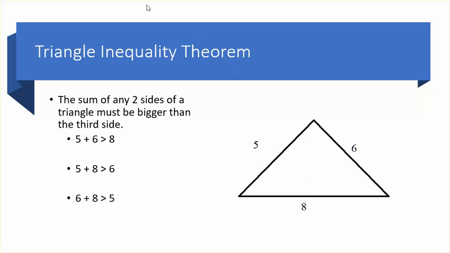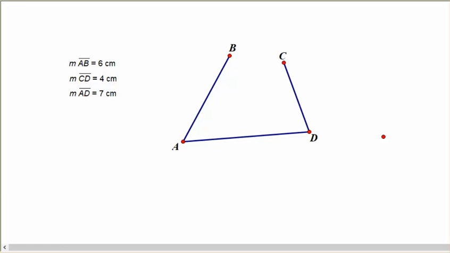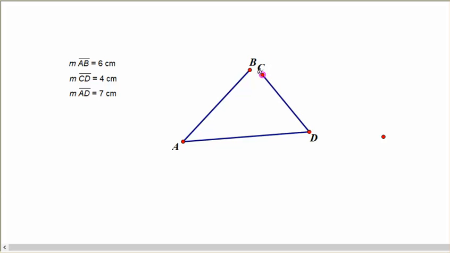Let's see why this happens. I've made three sides where AB is 6 centimeters, CD is 4 centimeters, and AD is 7 centimeters. Can I connect those three sides and make a triangle? Let's see. I'm going to pull this down here, tip this one down.